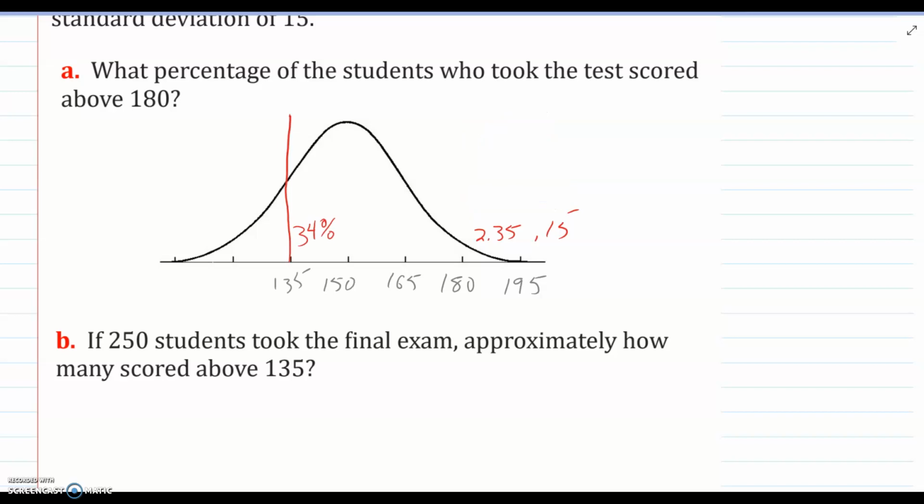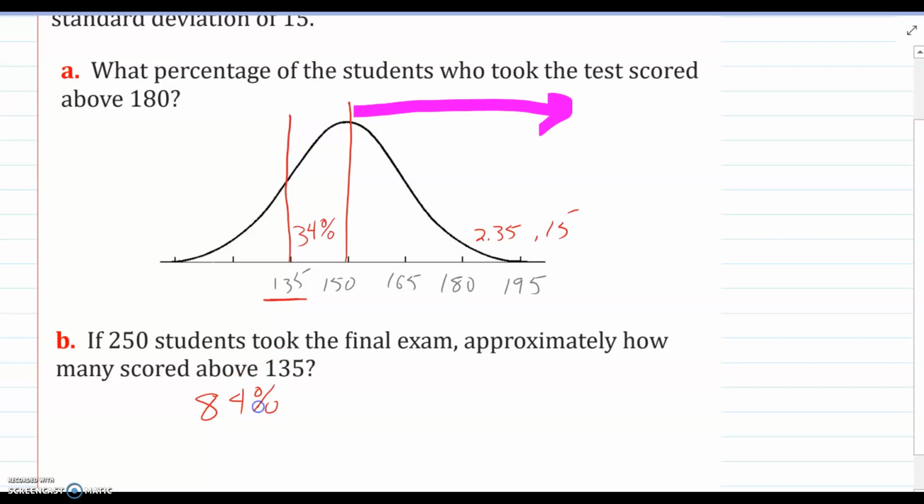Okay, so here's my 135 sitting here, and I'm going to say that that's going to be 34%, one standard deviation away from the mean, plus, remember, when I go mean to the right, that's going to be 50%, so I'm looking at a grand total of 84% of the students.